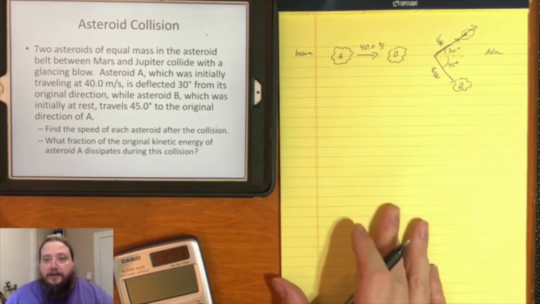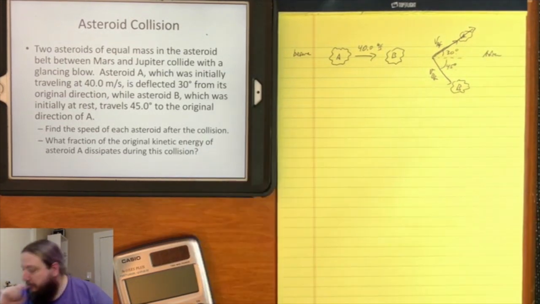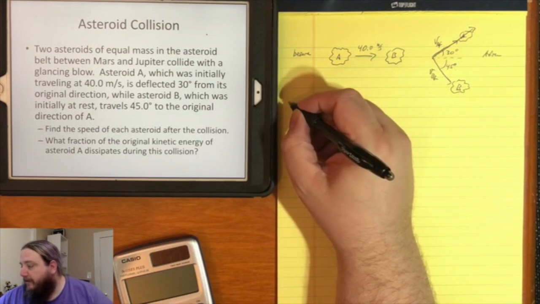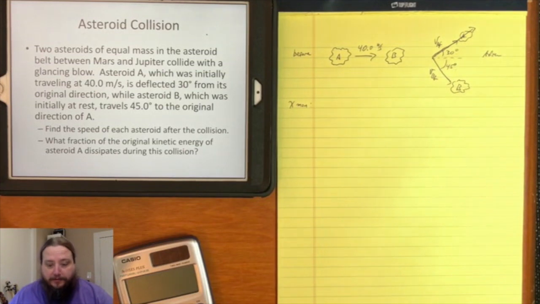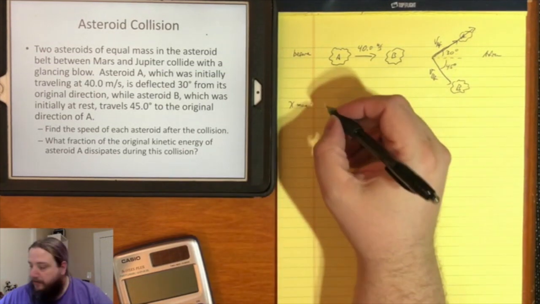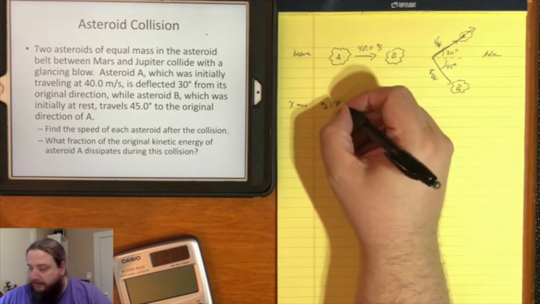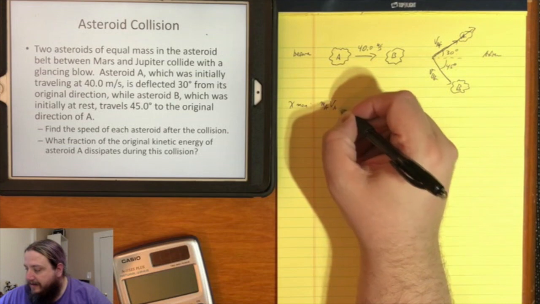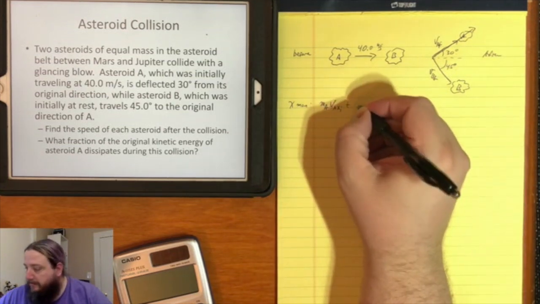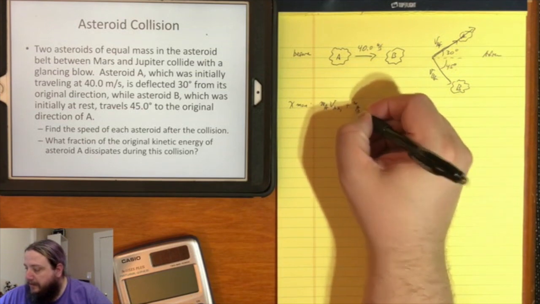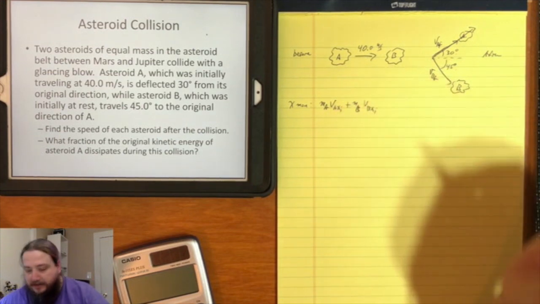There isn't any energy conservation or anything to worry about here. What we're going to worry about is just conserving momentum. So let's look first at the horizontal components of momentum. And we can write down that the mass of asteroid A times the velocity of A in the x direction initially plus the mass of asteroid B times the velocity of B in the x direction initially.